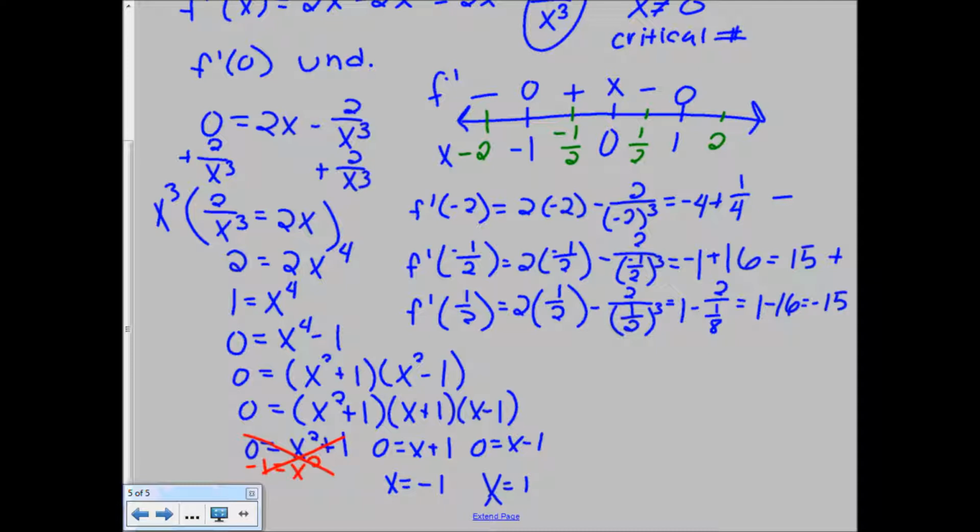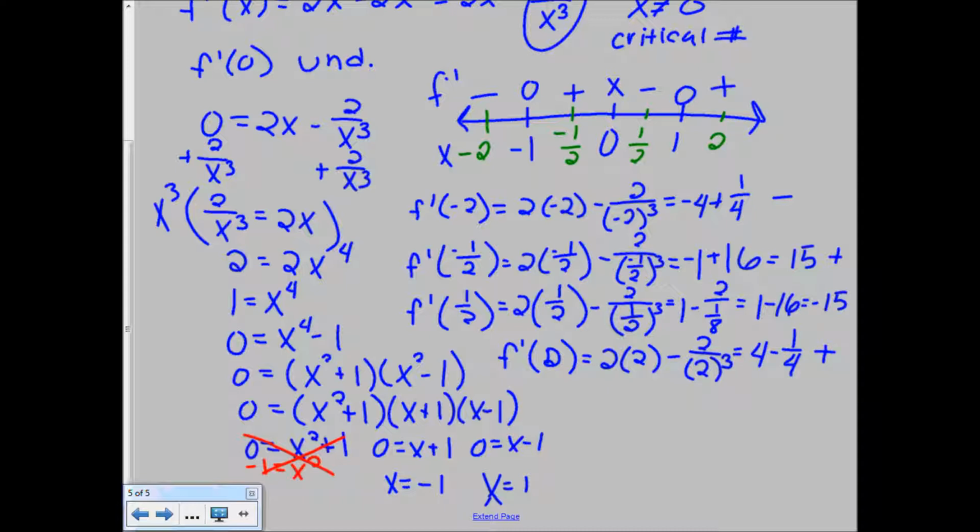And then we'll actually have one more to do, so f prime of 2 rather. We already know what f prime of 1 is. That's going to be 2 times 2 minus 2 over 2 cubed. So that's going to give us 4 minus 1/4, which is going to be a positive number.